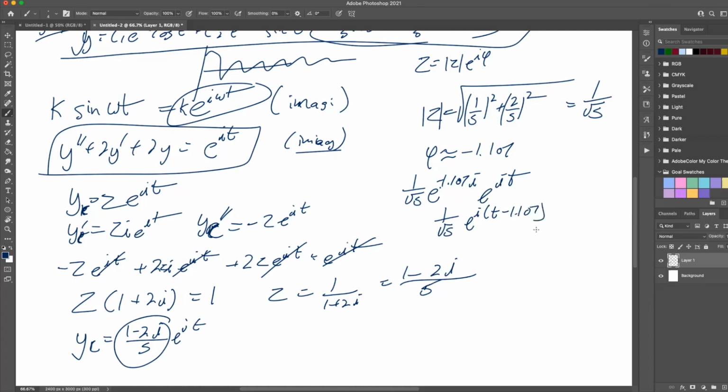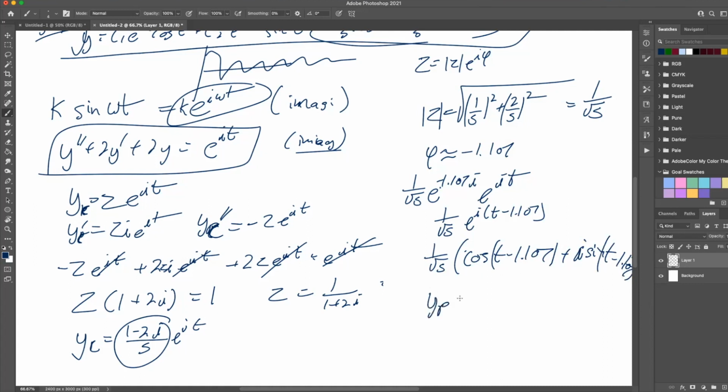But now, when I convert this over into sine and cosine, this is 1 over square root 5 times cosine of t minus 1.107 plus i sine of t minus 1.107. And I just want the imaginary part.